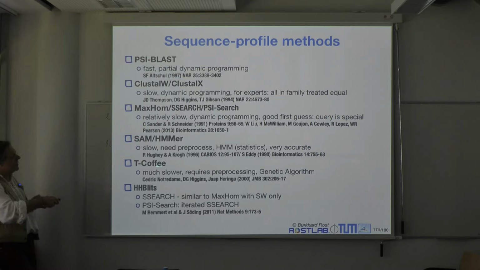The same is true for the hidden Markov models, SAM and Hammer. Hammer is in PFAM, and most people use PFAM, so essentially most people use this and that on an everyday basis. T-Coffee is more for experts, but it's a remarkable tool once you have some additional information and have the time to really optimize your alignment for your particular case, and you have some additional input, then T-Coffee is the choice.